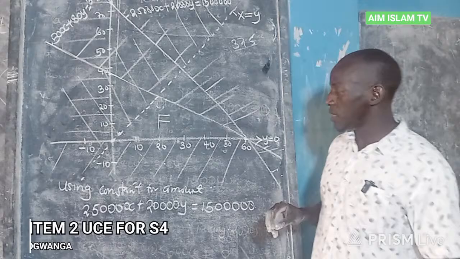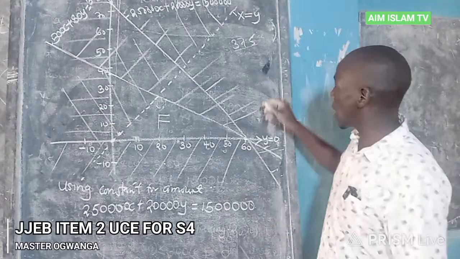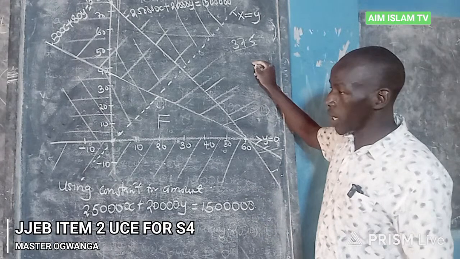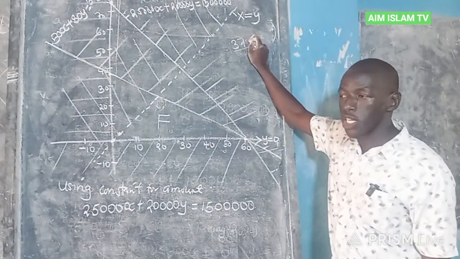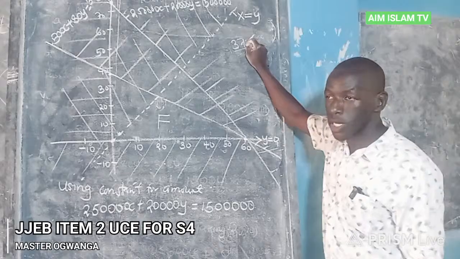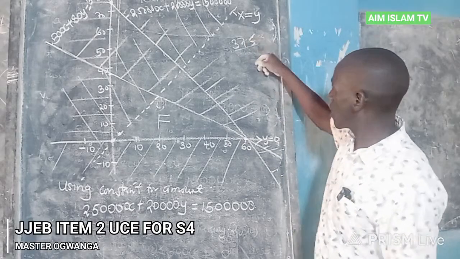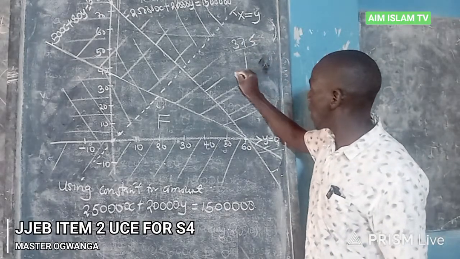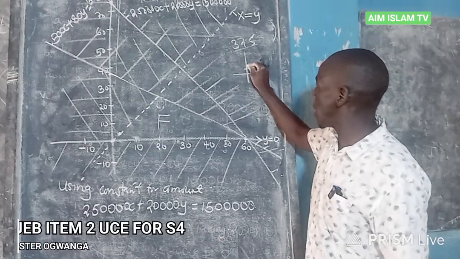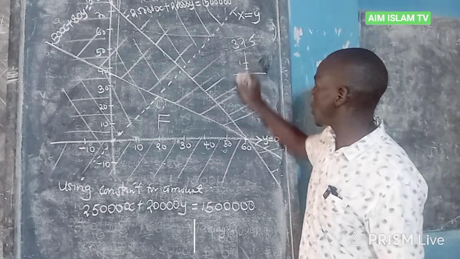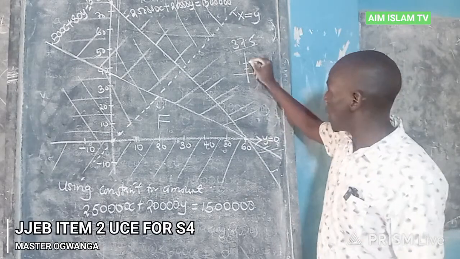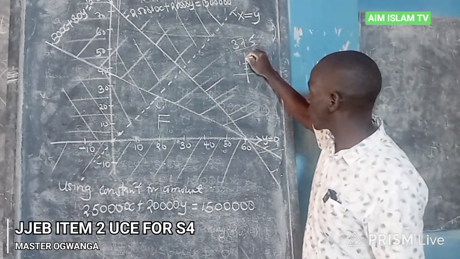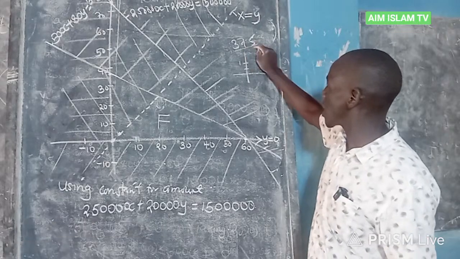Plotting this is easy for someone who may be using a graph where a unit is represented by two small boxes. If I put 1 here, this one here will be acting as 0.5, then you go to 1, again 1.5 and 2.